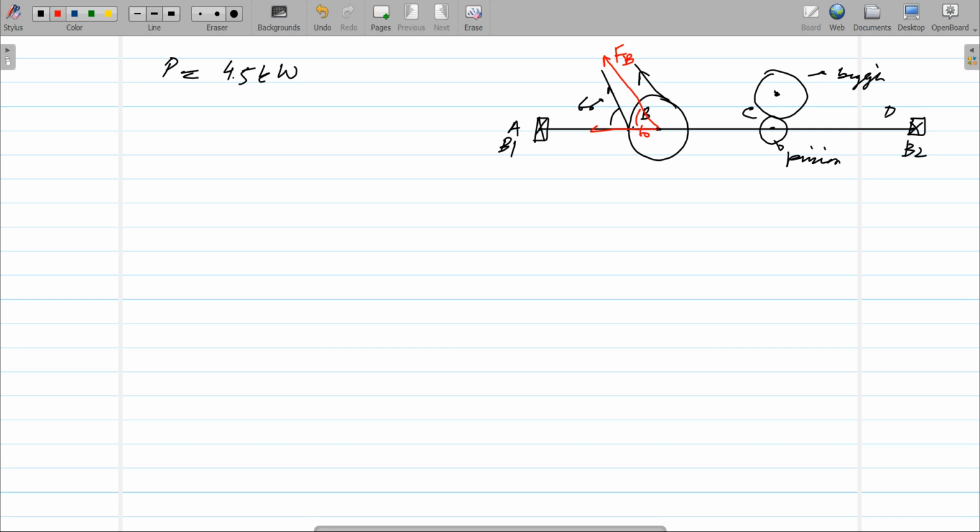One is this force and one is this force. This force is FB cos 60 degree, and this is FB sin 60 degree. Clear? FB cos 60 degree and FB sin 60 degree.